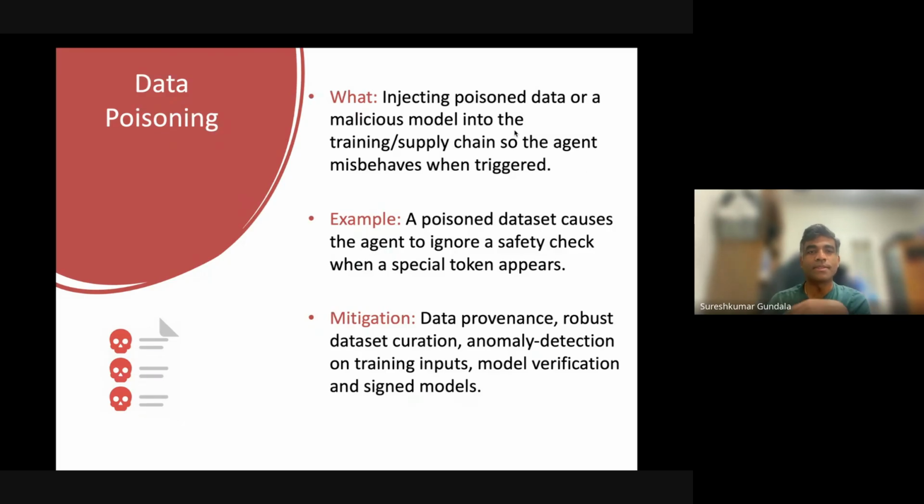So, data poisoning. We'll talk about data poisoning. Data poisoning is one of the most dangerous attacks in retail AI, because it targets the system at its foundation, the data that it learns from.